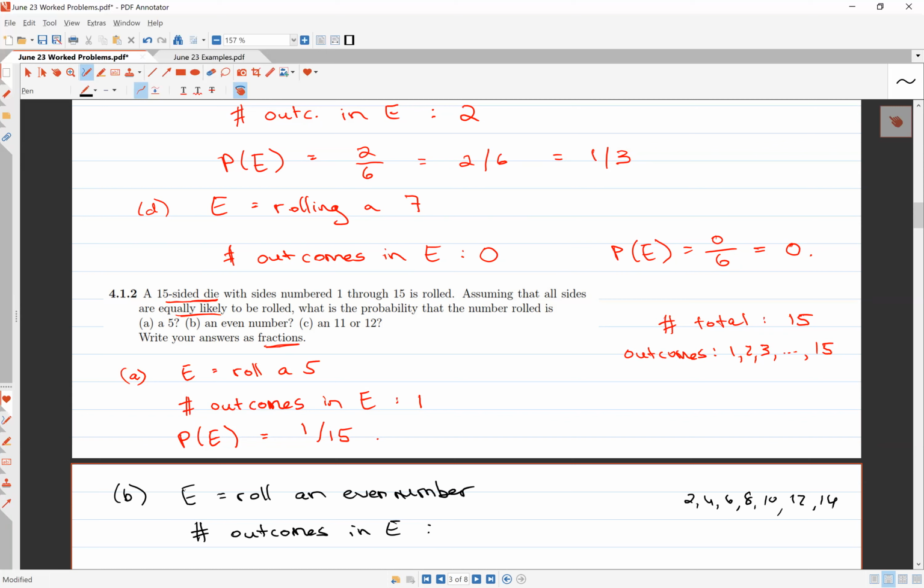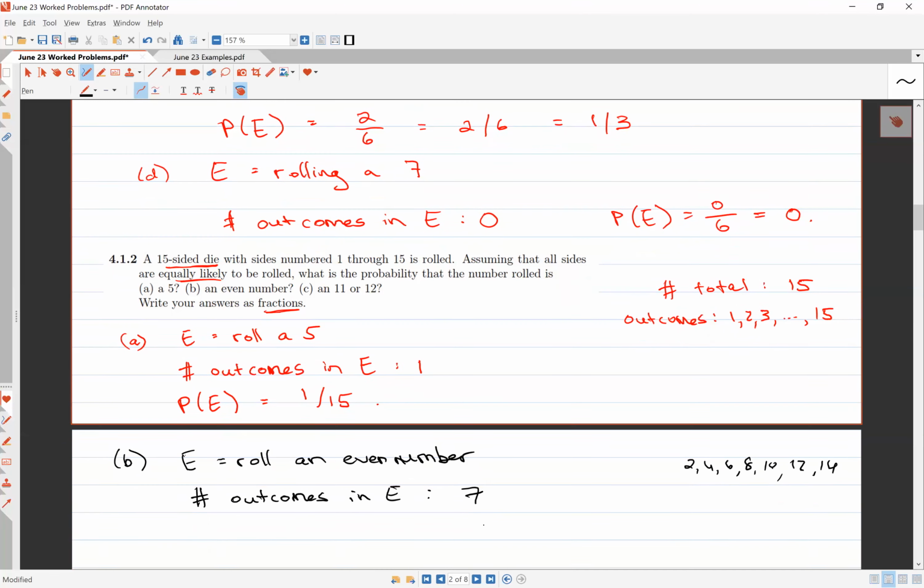So I can go and list out all the ones that are even numbers, 2, 4, 6, 8, 10, 12, 14. And there are 7 numbers like that. So the probability of rolling an even number is going to be 7 over 15.